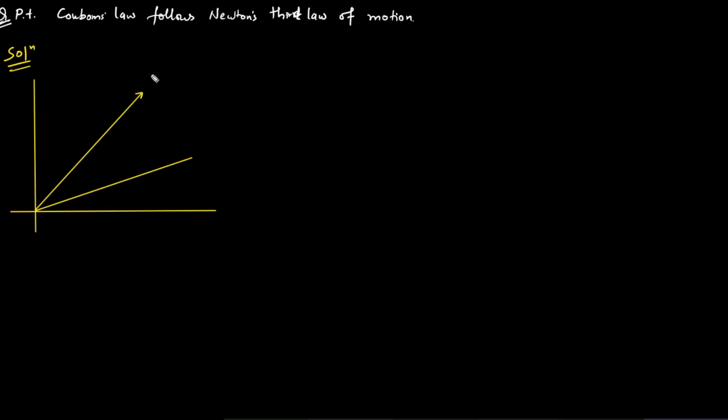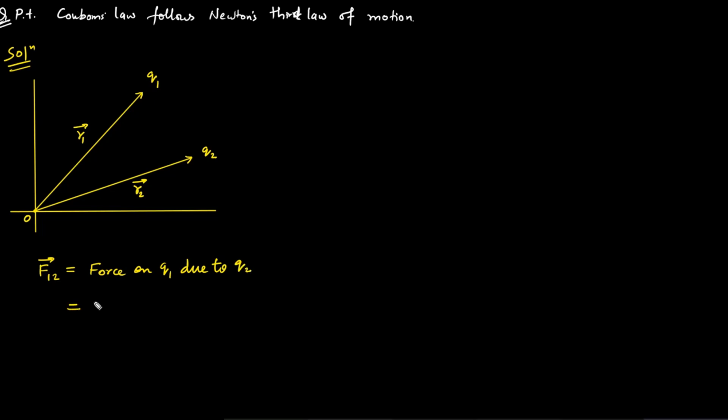Let's say the first charged particle is Q1 with position vector R1 with respect to the origin. The second one has value Q2 with position vector R2 with respect to the origin. Now if I talk about F12, which is the force on Q1 due to Q2.